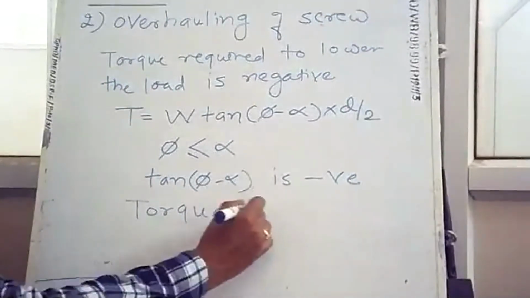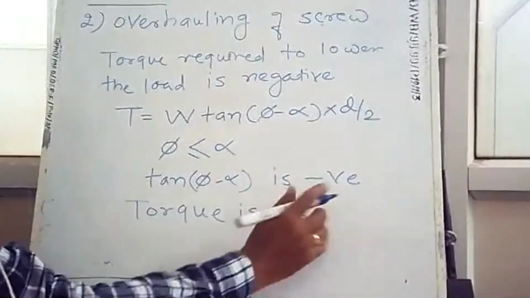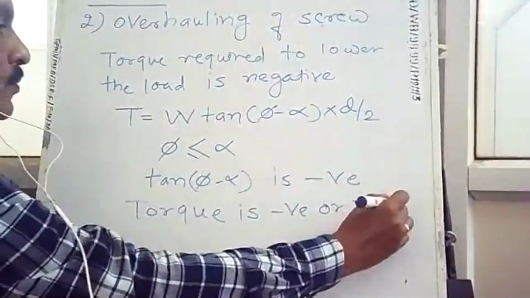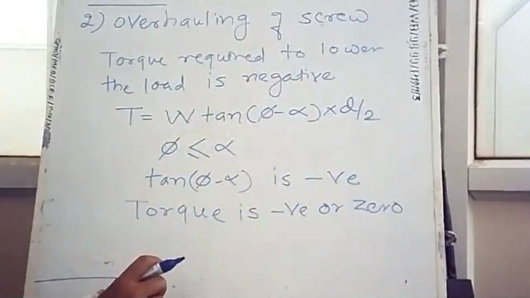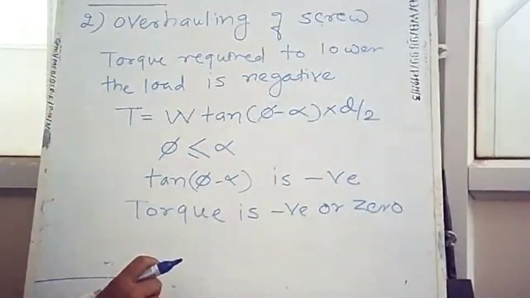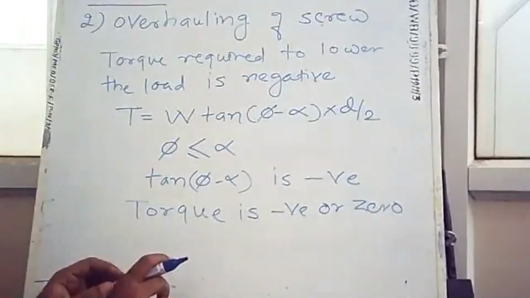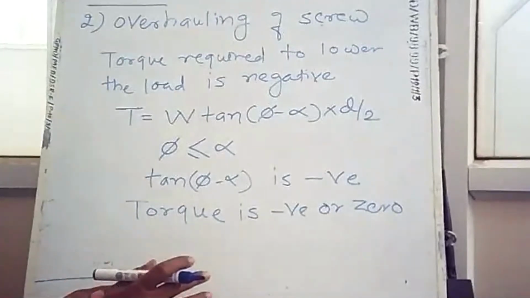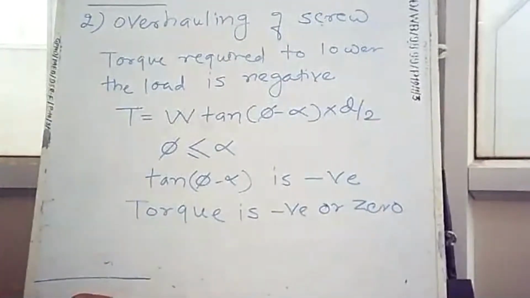If the torque is negative or zero, then this condition is called overhauling of screw. In this condition, our load comes down without any application of extra torque. So this completes the concept of torque required to lower the load, self-locking, and overhauling of screw.